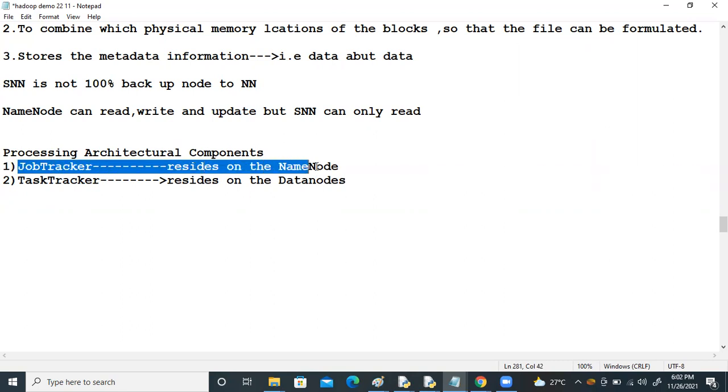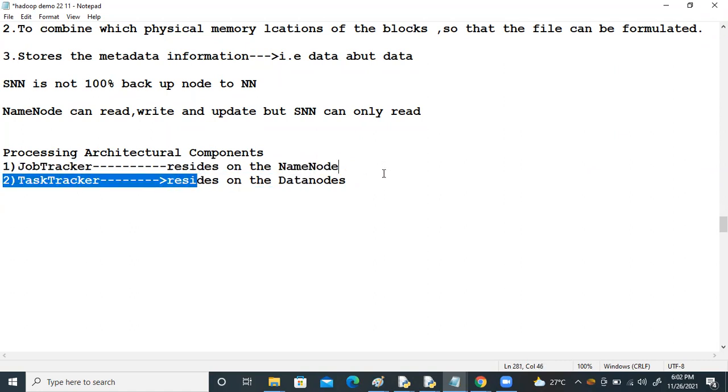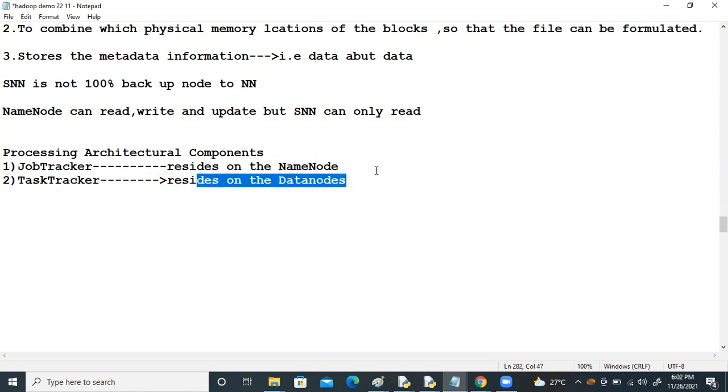Job tracker resides on the name node. Task tracker resides on data nodes. Observe this diagram once.